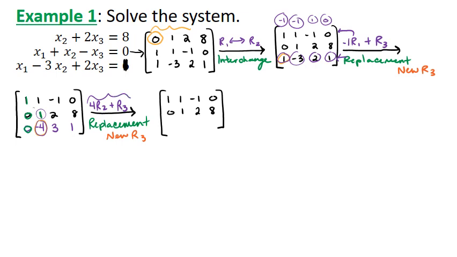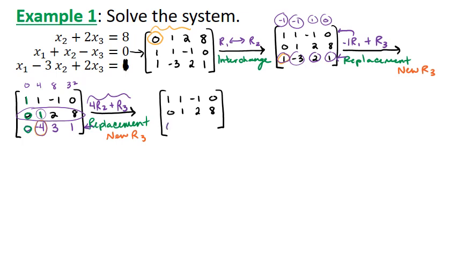So I'm going to take row 2 and multiply everything by 4. So when I do that, I get 0, 4, 8, and 32. Okay, then I'm going to add that to row 3.